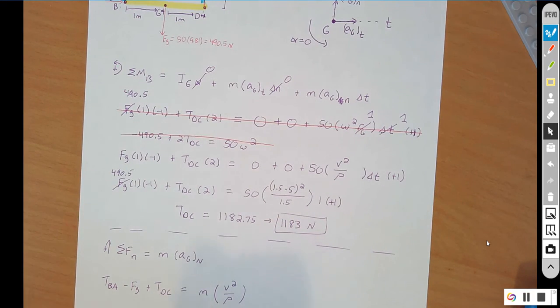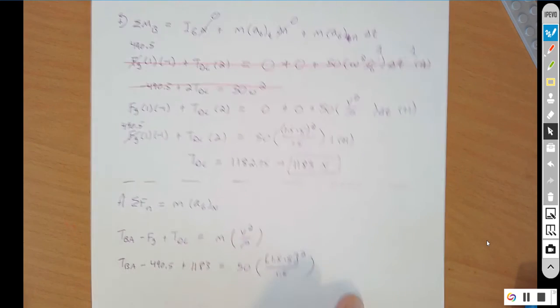So let's plug in what we know. We do not know tension BA. We know that this is 490.5. We know that this is 1183. We know the mass is 50. We already did this. It was 1.5 times 5 squared over 1.5.